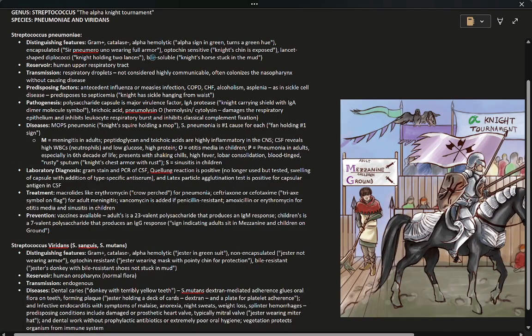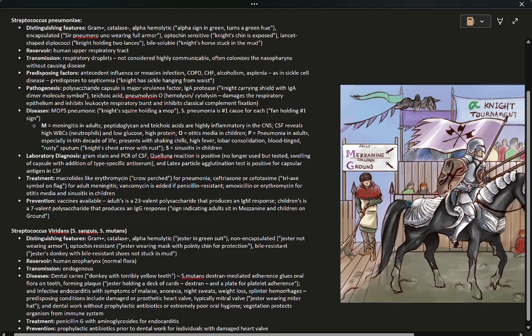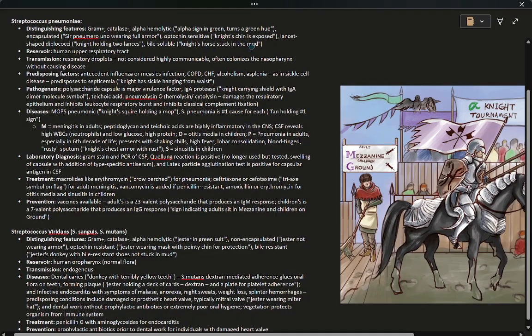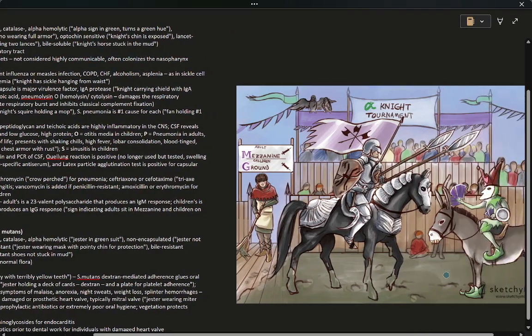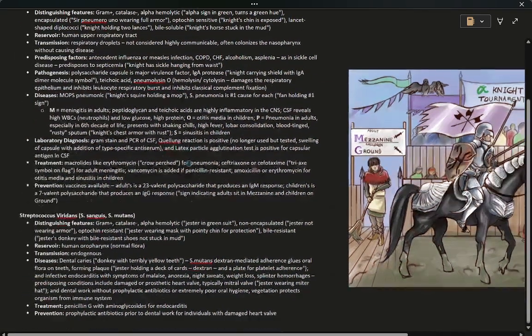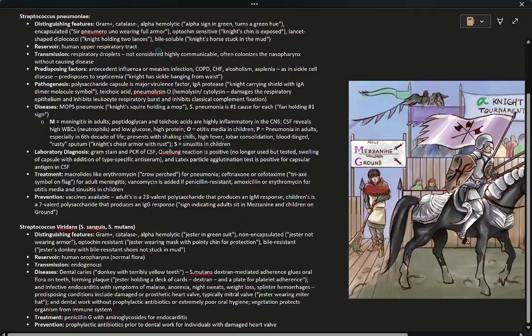And then it is bile soluble. So think about the knight's horse being stuck in the mud, as shown over here. The horse's feet being stuck in the mud. So again, the bacteria is encapsulated, optochin sensitive, lancet-shaped diplococci, and bile soluble.